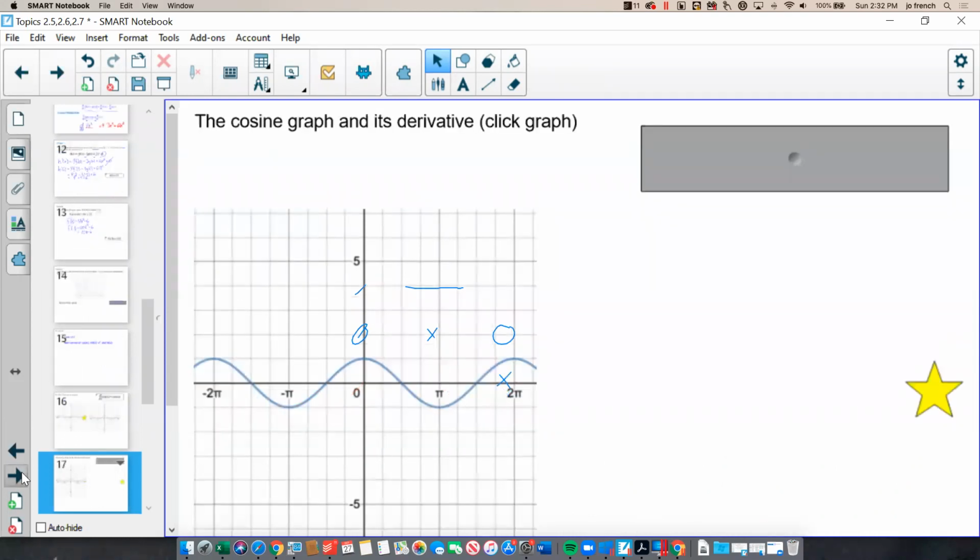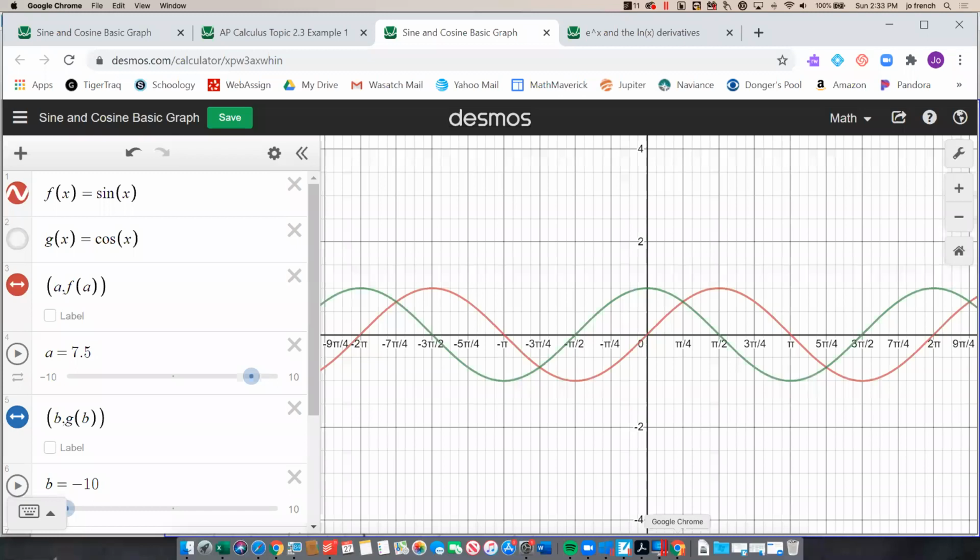Let's go back to looking at the cosine and trying to figure out what its derivative is. It'd be awfully nice if it were the sine graph, wouldn't it? First, let me get rid of some of this writing. And now let's look at our cosine graph.